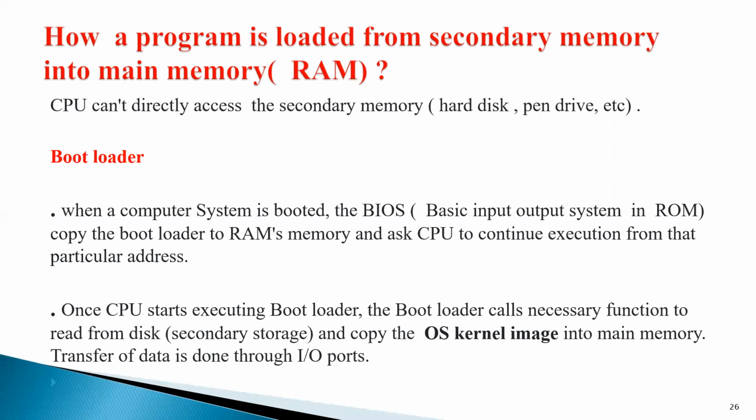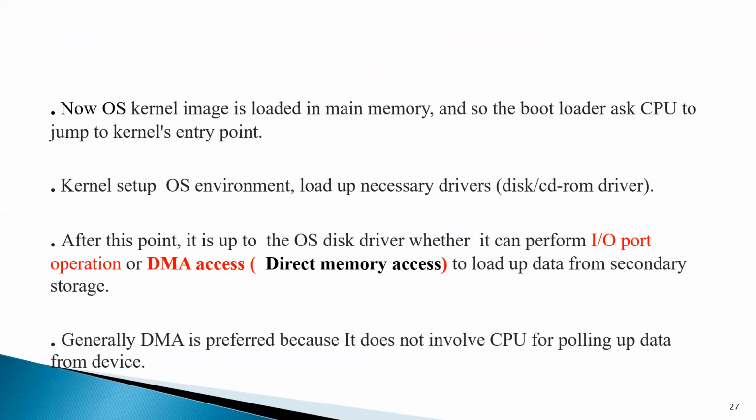Once the CPU starts executing the bootloader, the bootloader calls necessary functions to read from disk and copy the OS kernel into main memory, and then the transfer of data is done through the input-output ports. Now that the OS kernel is loaded into main memory, the bootloader asks the CPU to jump to the kernel's entry point.